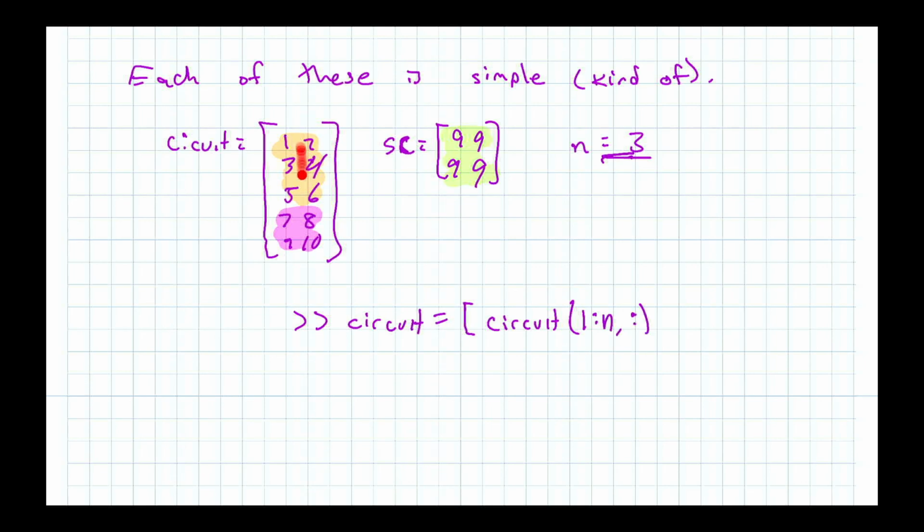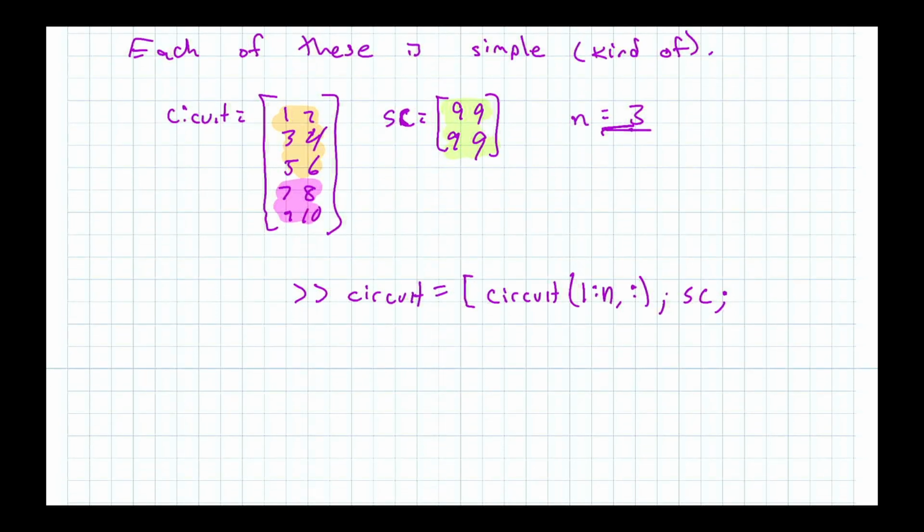That would be this. And then you can just go semicolon. We want SC, SC, and then you want the end, which is circuit n plus 1 to the end, comma, colon. I think that would work. And then that would pick up the last bit there.